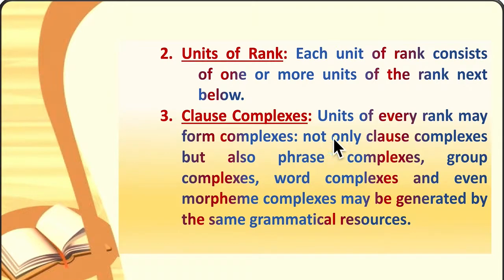Then we have phrase complexes, group complexes, word complexes, and so on. So within clause complexes you can find every rank of other items like clause, like phrase, like word, like morpheme. Okay, so this is what we call clause complexes.